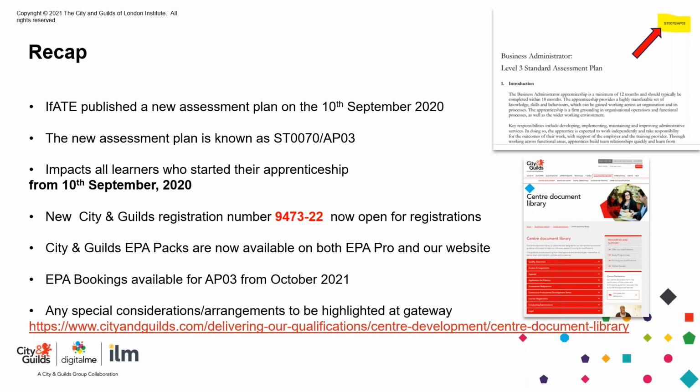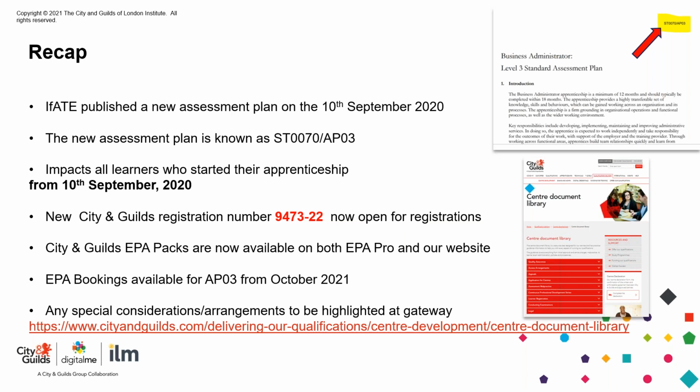If you're going onto the website, you need a password, and that password can be found in the walled garden. We are also taking bookings now for 947322, so AP03, from October 2021. So a learner can first sit endpoint assessment from October.